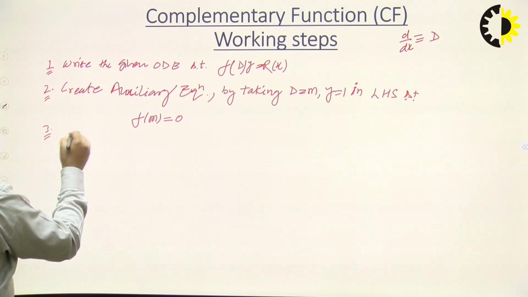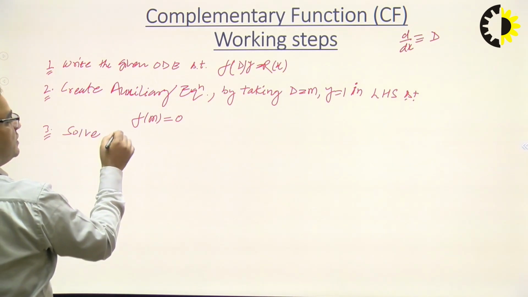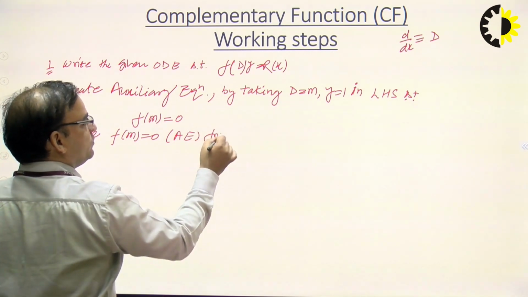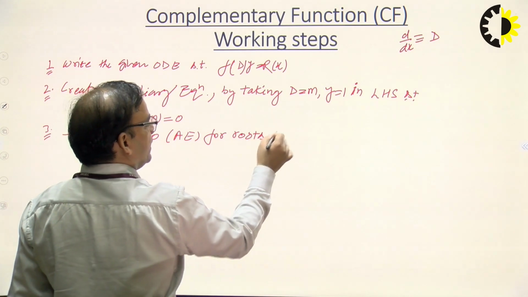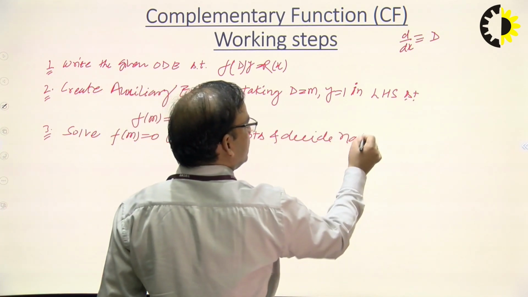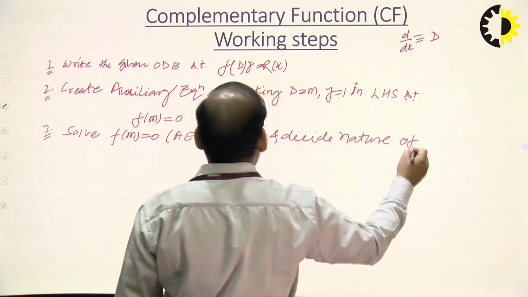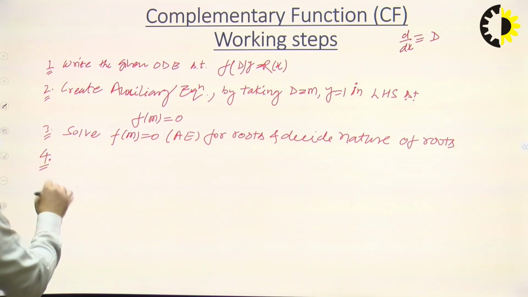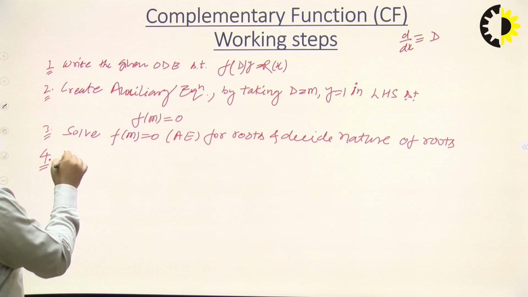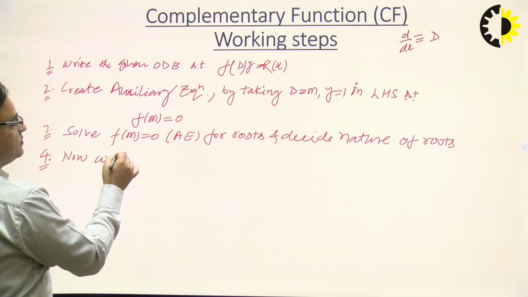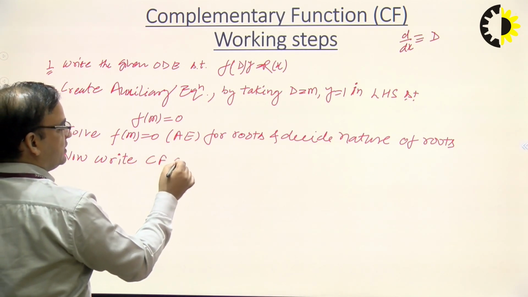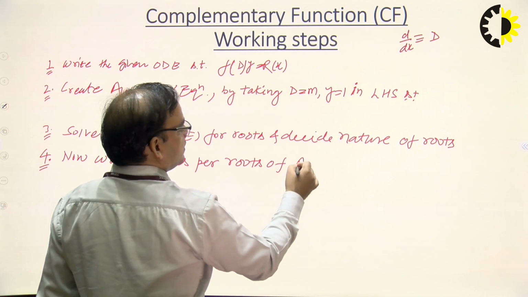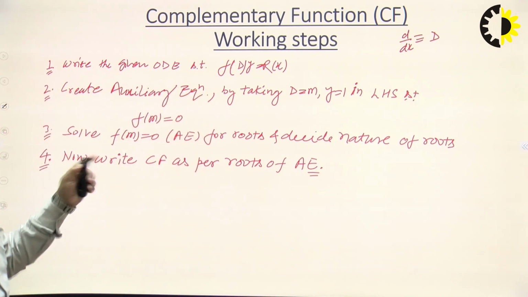Then in the third step, solve f(m) is equal to 0, that is your auxiliary equation, for roots and decide the nature of roots. Then in the fourth step onward, write the CF as per the roots of the AE. Okay, so these are the simple working steps.